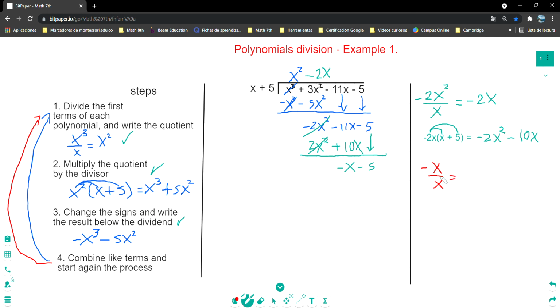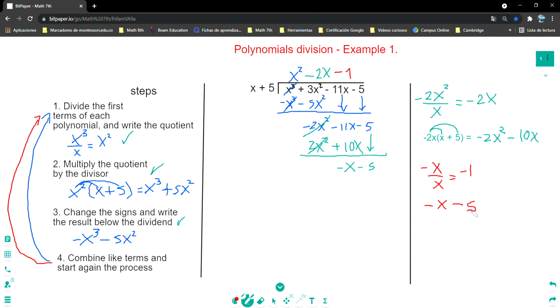We just divide the coefficients and subtract the exponents, 1 minus 1, that will be x to the power of 0, which is 1, so minus 1. We write the quotient right here again, minus 1. Multiplying minus 1 times x plus 5, in the second step by the divisor, gives minus x minus 5.